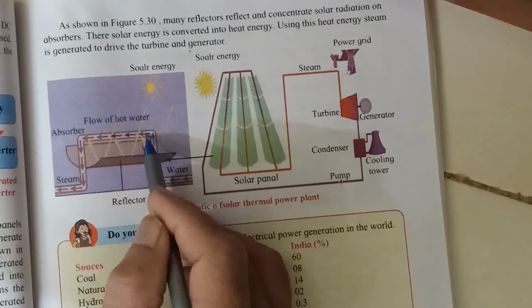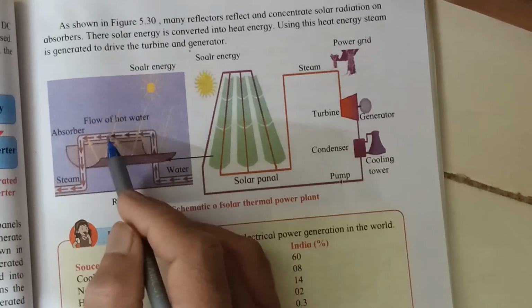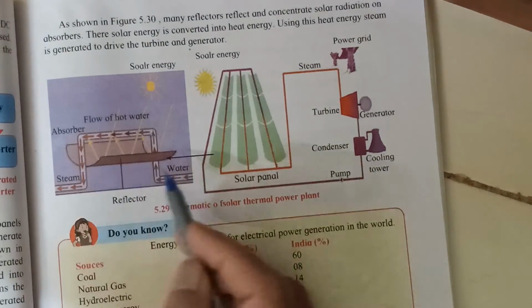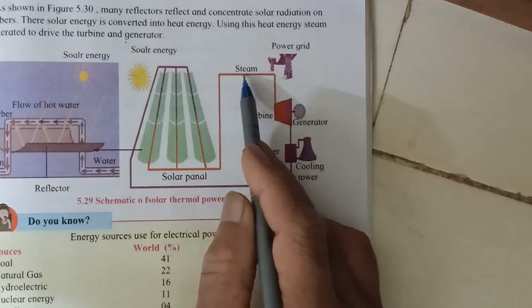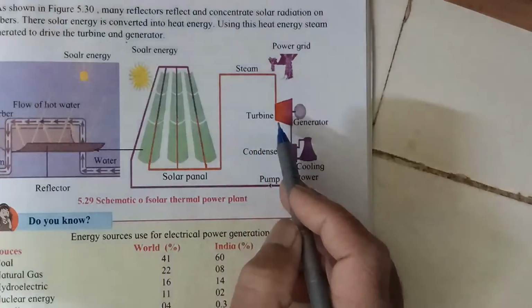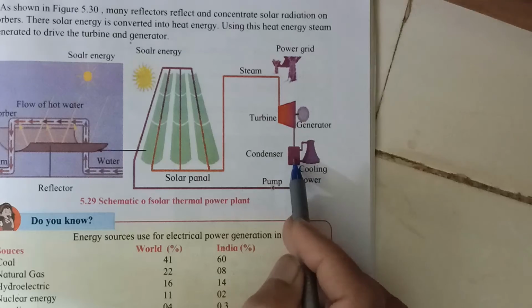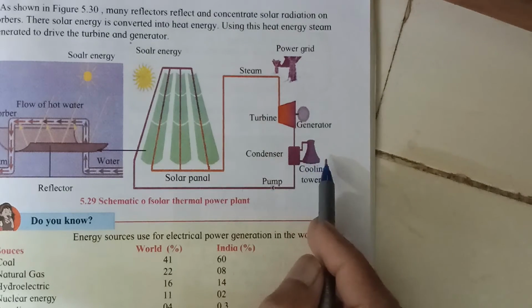Due to that heat, the water flowing through these pipelines is heated and converted into steam. This steam is used in this power station to rotate the turbine, so that the turbine rotates the generator.